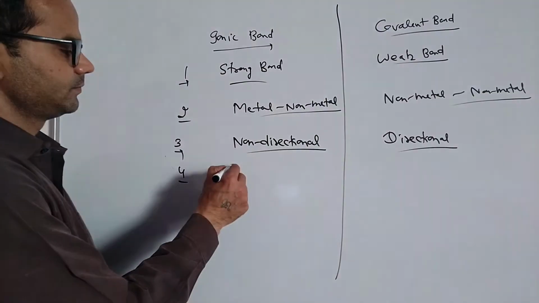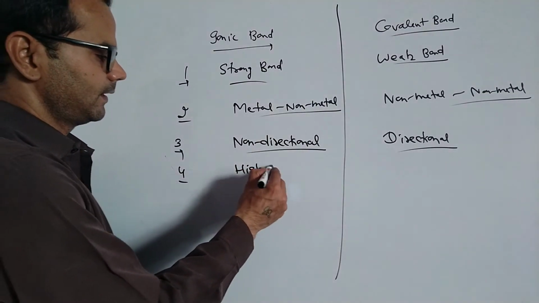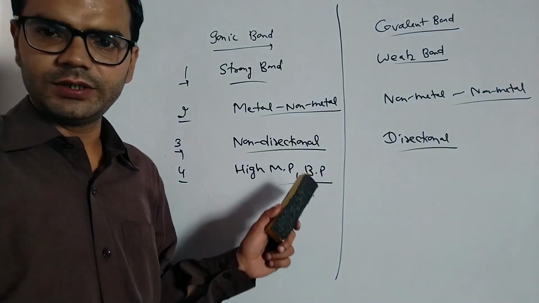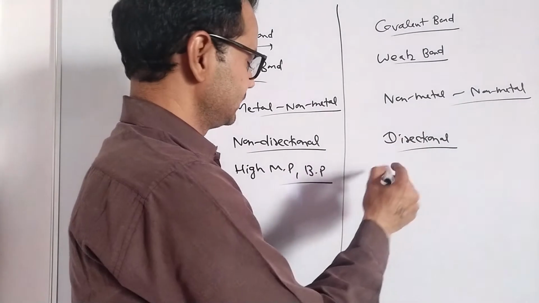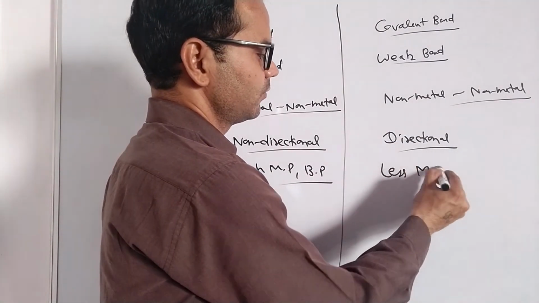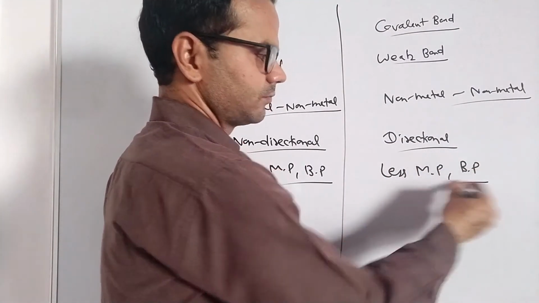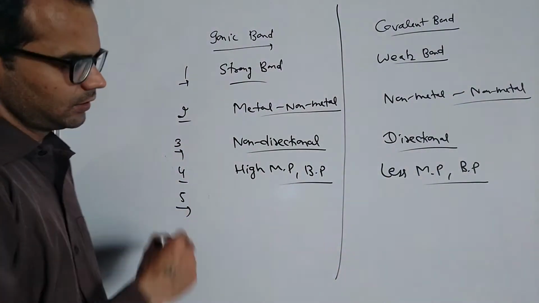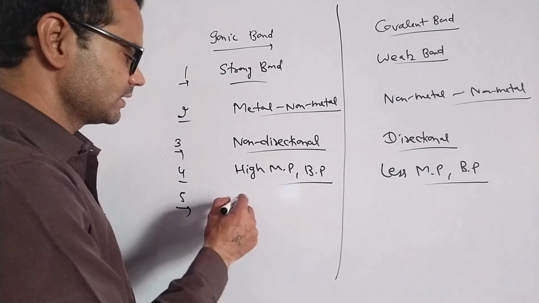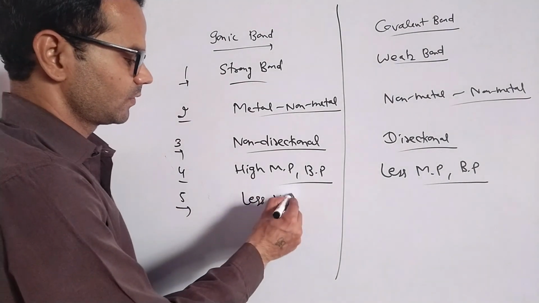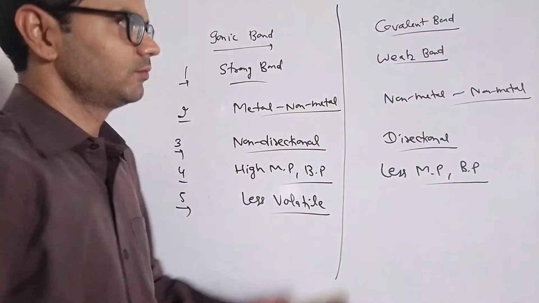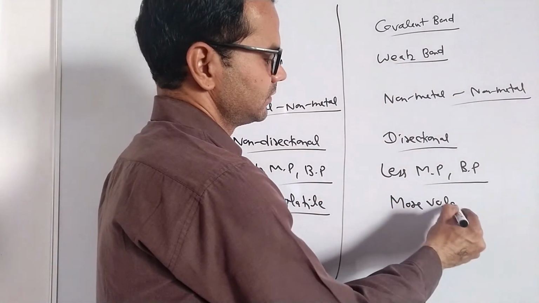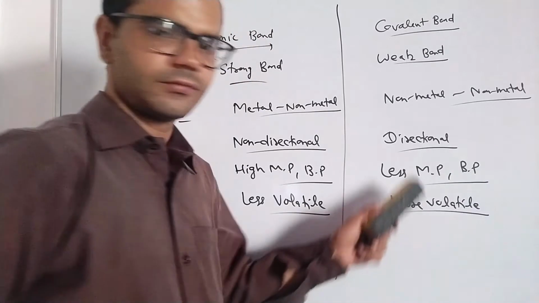Fourth, ionic compounds have a high melting point and boiling point. Covalent compounds have a lower melting point and boiling point. Fifth, if the boiling point is high, it means it is less volatile, but covalent compounds are more volatile, right?